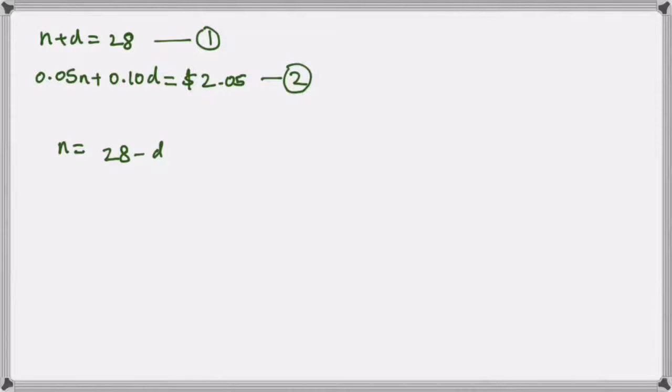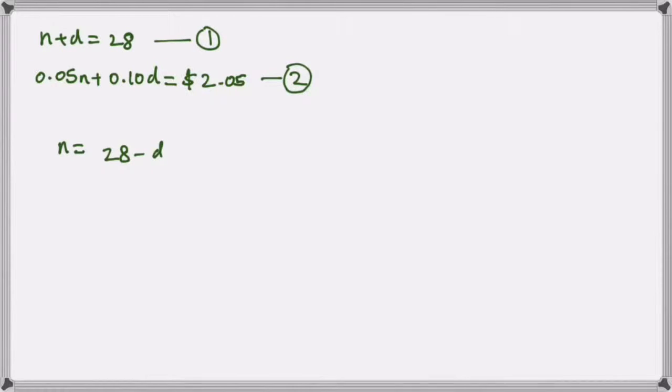If you look at equation number 2, we need to write n in terms of d or d in terms of n. Then it would be easy to solve this equation. And once we have the value of either n or d, we can solve for the other variable.